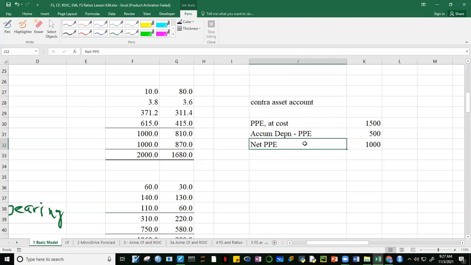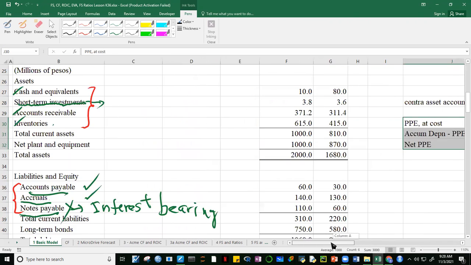If it was just in either case, guys, usually there are notes to the financial statements that give the breakdown of the PPE. Usually companies, especially manufacturing companies, do not have only one PPE. They will have several equipment, several machinery, and that should form part of the notes to the financial statements, the breakdown of the equipment or the PPE.